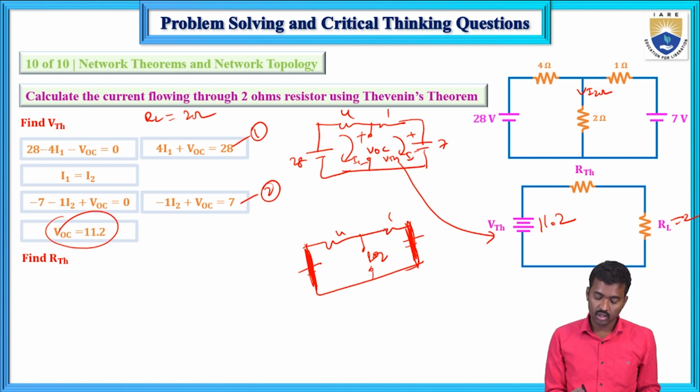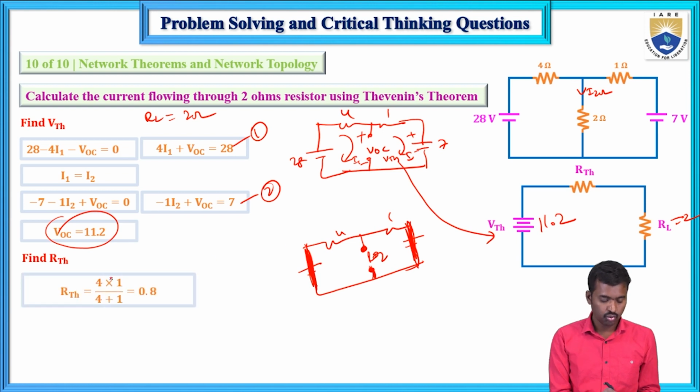Here 4 and 1 are connected in parallel, not in series, because we are concentrating on these two open terminals. So 4 into 1 divided by 4 plus 1 equals 0.8 ohms. Now this is 0.8 ohms and this is 2 ohms.